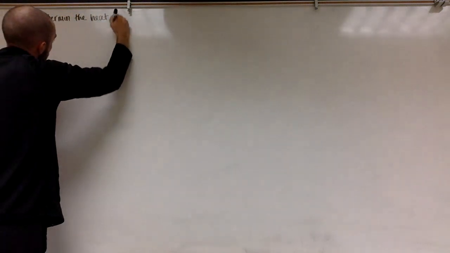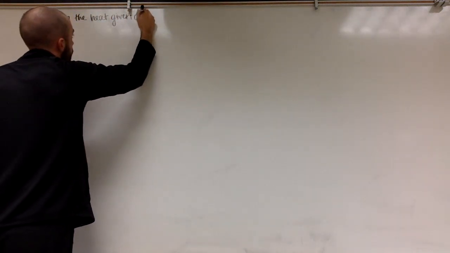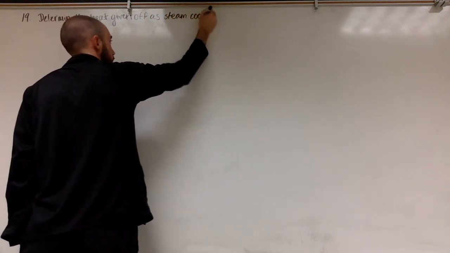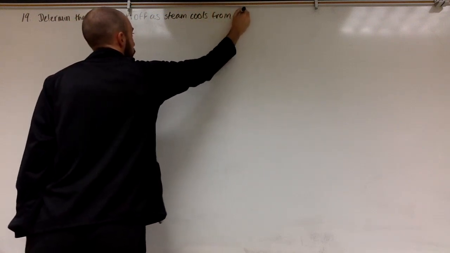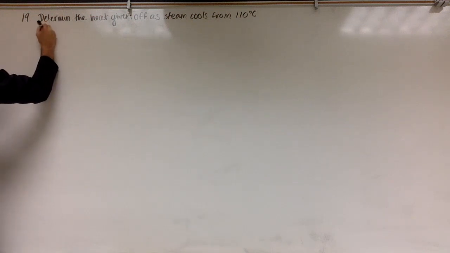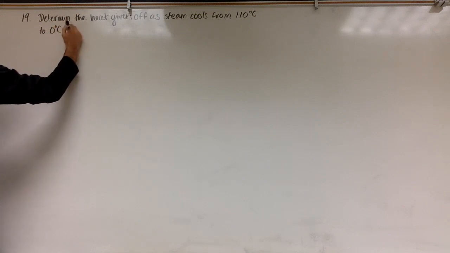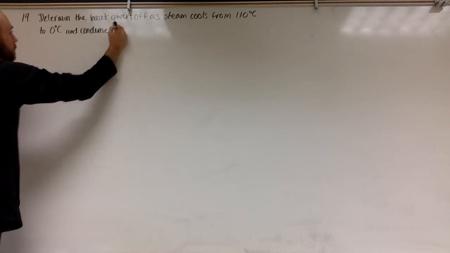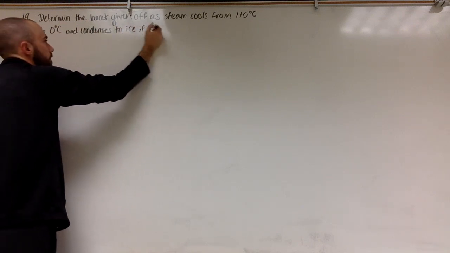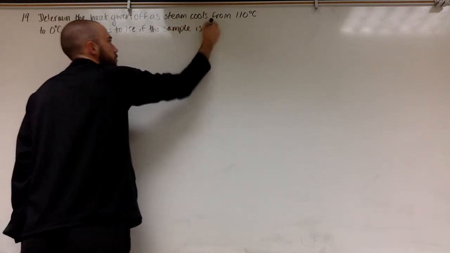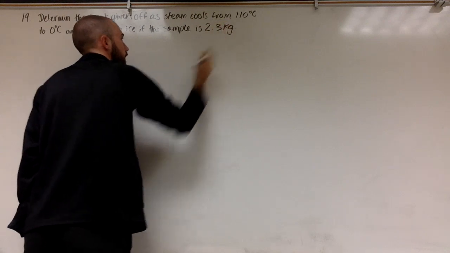Based on what we've just done there, I want you to determine the heat given off as steam cools from 110 degrees Celsius to 0 degrees Celsius and condenses to ice, if the sample is 2.3 kilograms.